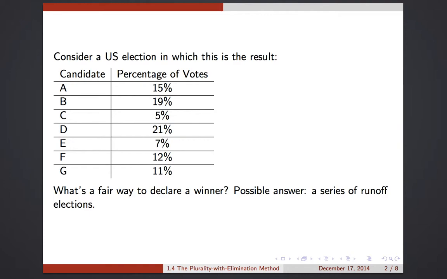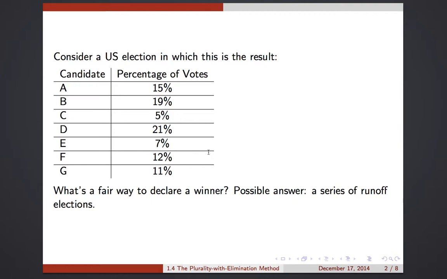So A is now bumped up to 20%. Now we could just do another runoff election, and we would say, look, candidate C has been kicked out. Candidate E only has 7% of the vote. He's a loser. Let's kick him out and see where these 7% of people decide to put their votes. And you could just keep doing this over and over again until one candidate has a majority of votes.